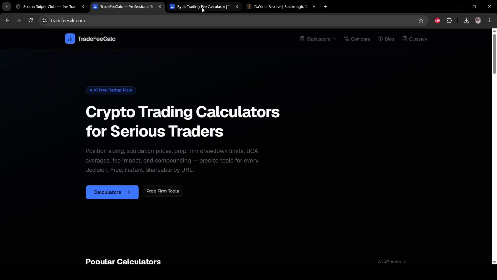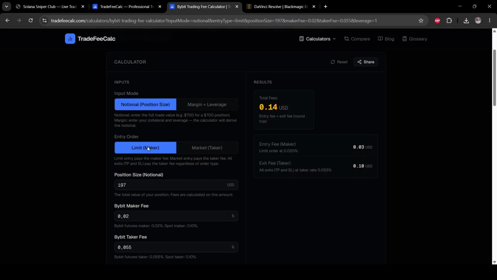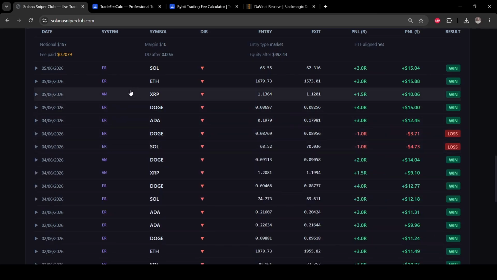Let me explain with an example. I actually built this calculator for exactly this. Let me show you. Let's use the notional position size, and let's use a limit order. Let's go to the trade history and check a trade that we took.